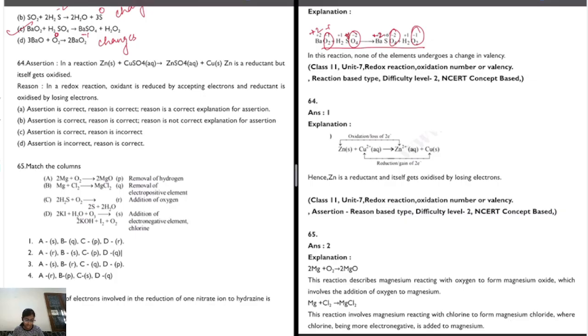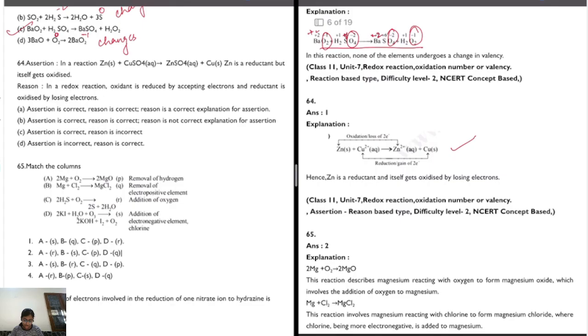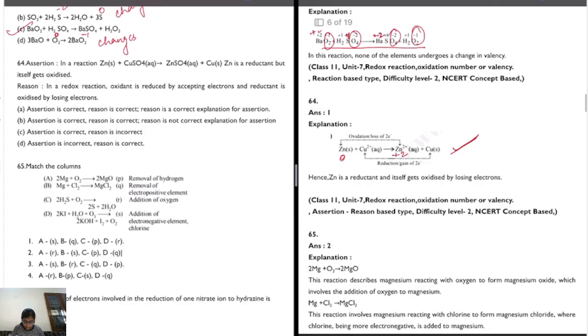Okay, let's see if assertion is correct or not. This is the chemical reaction that is given to us, where you can see that it is 0 and it is +2. Therefore, oxidation is taking place for Zn. And for Cu, you see it is 0 and it is +2.